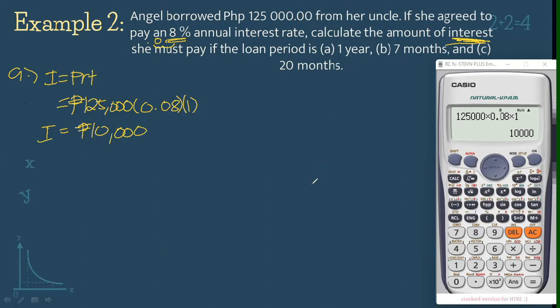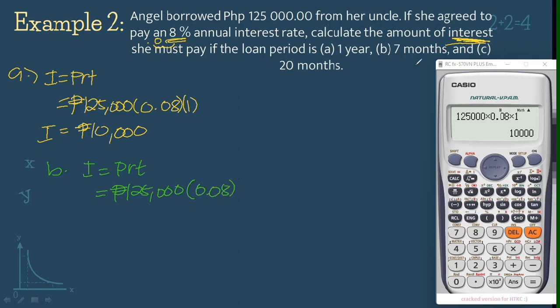Pero, sabi dito sa number 2, for 7 months naman daw po. So, we have here letter B naman po. Letter B, I is equal to PRT. So, P natin is another 125,000 times what is our R? Again, that is 0.08.